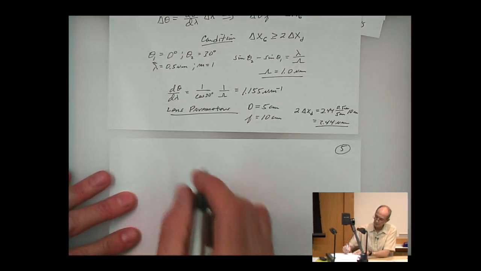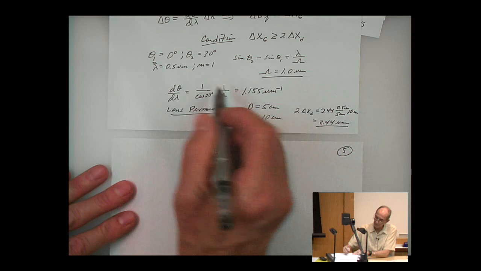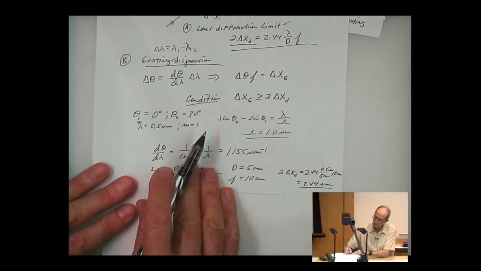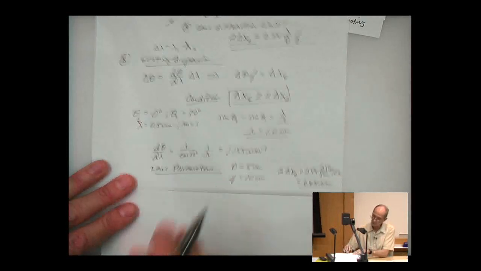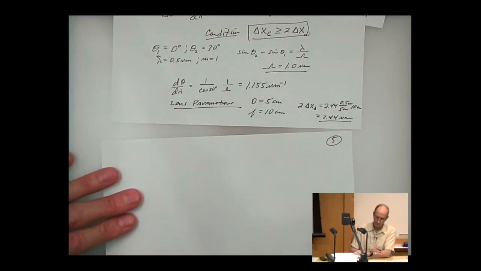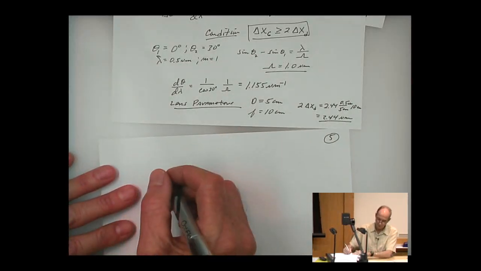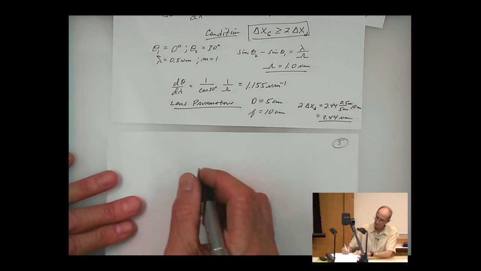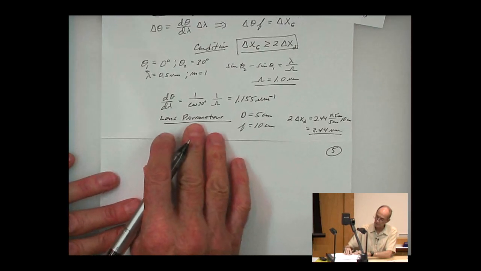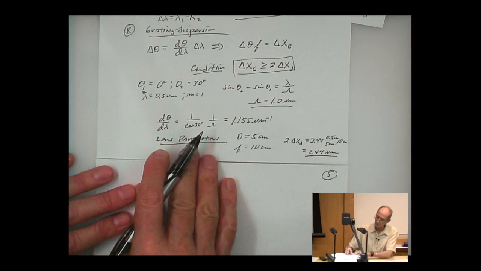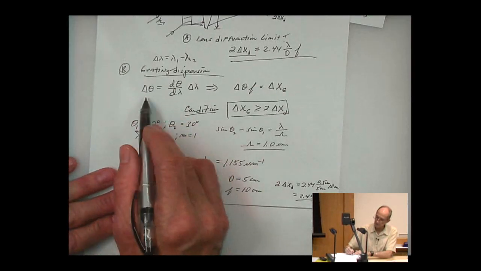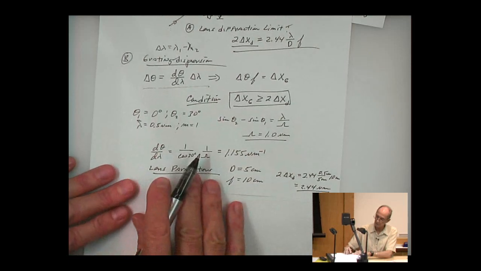Okay? So now we have it, and finishing this up, we want that condition to be satisfied, all right? And the condition could be satisfied for different wavelengths. The wavelengths are going to affect how much of a delta theta that we have.